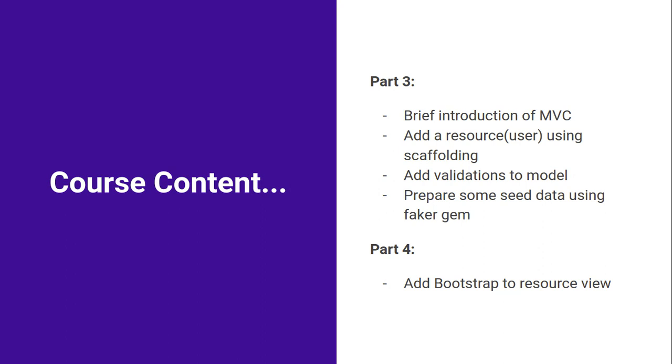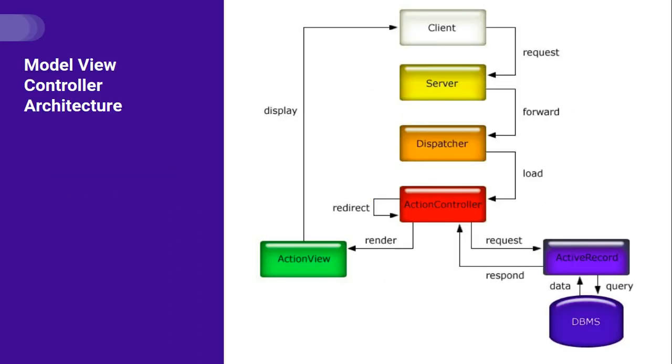This is the only objective for this. There are other ways to create dummy data as well, but we will go with the Faker gem so that we can see how Ruby gems work. So now let's start the first item of the part, the introduction of MVC.